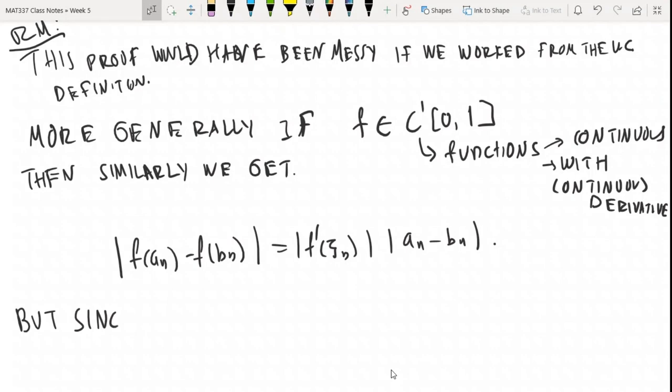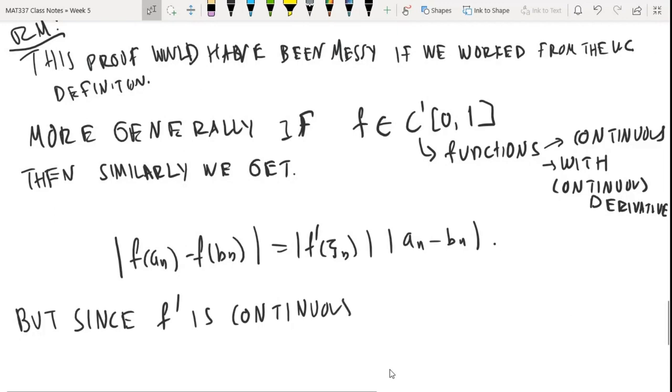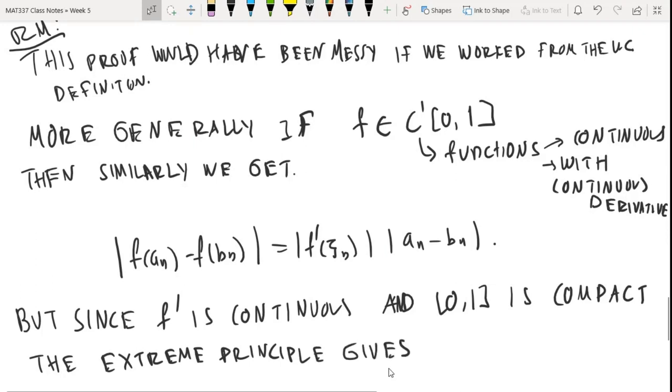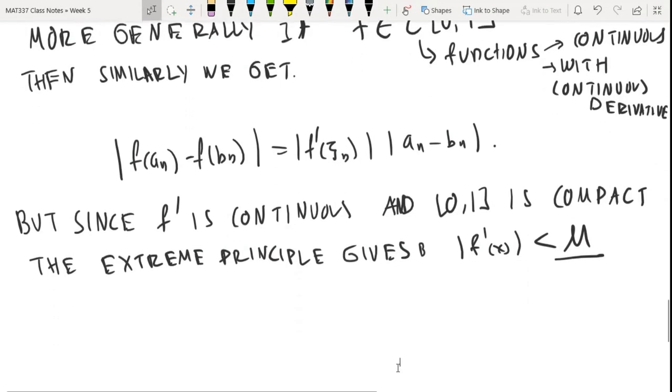But since f prime is continuous, and 0, 1 is compact, the extreme value principle gives f prime of x is less than M, so it is bounded.